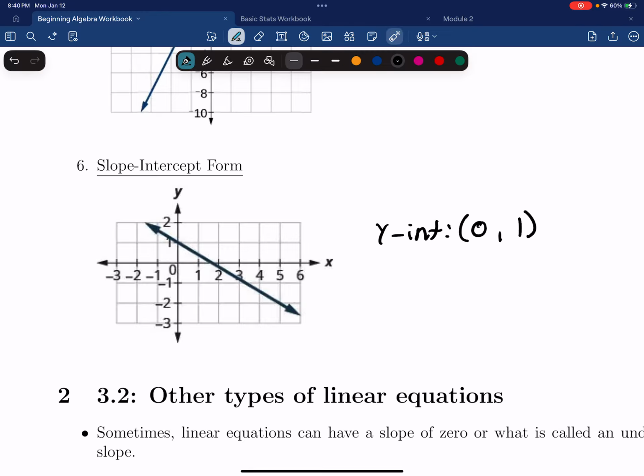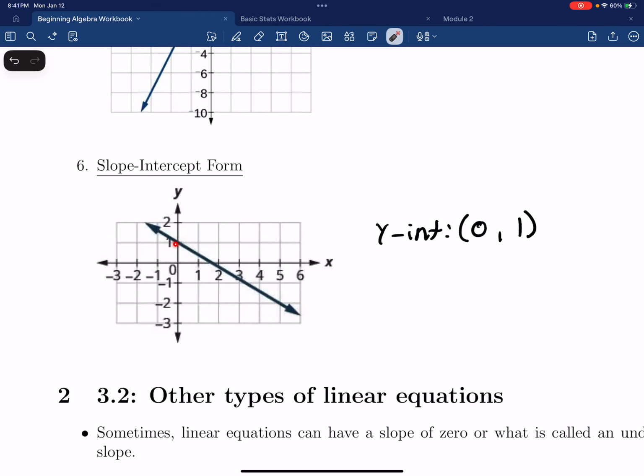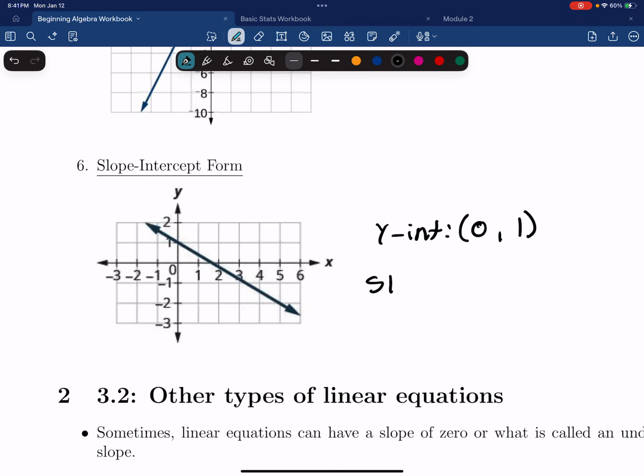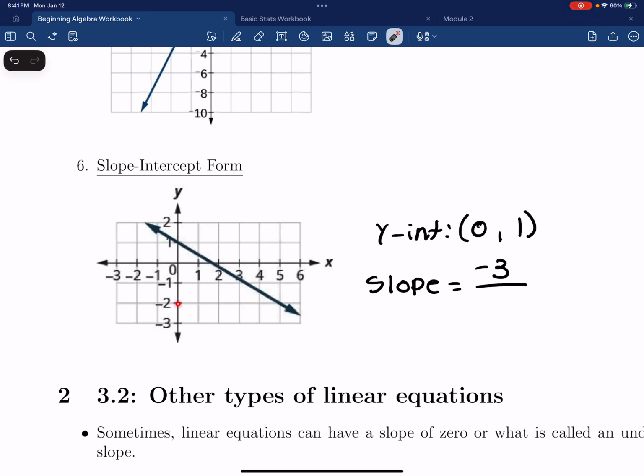So let's see how much it goes down by, the rise. So we're going to go down 1, 2, 3. So we're going to go down -3. So our slope equals -3 over, rise over run. So we're going to go from here, see how much we have to go right by. 1, 2, 3, 4, 5.